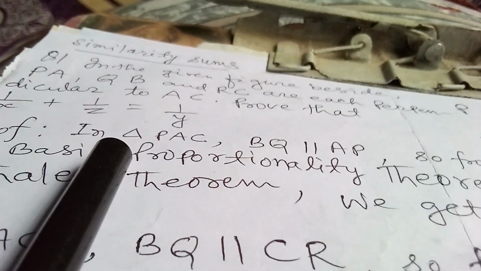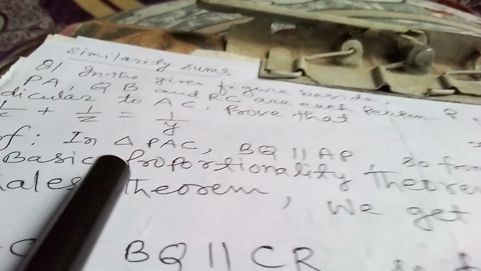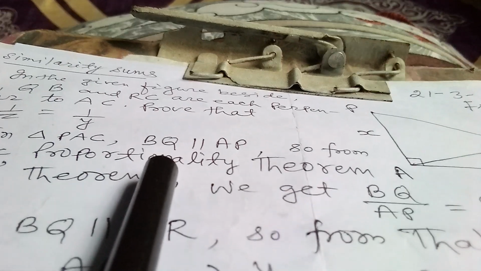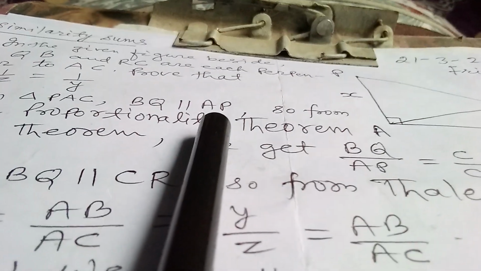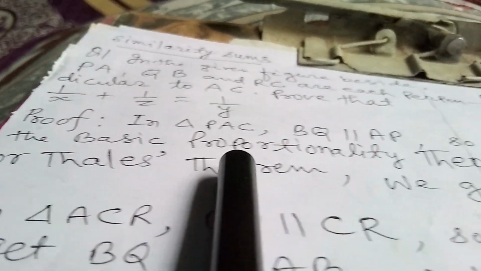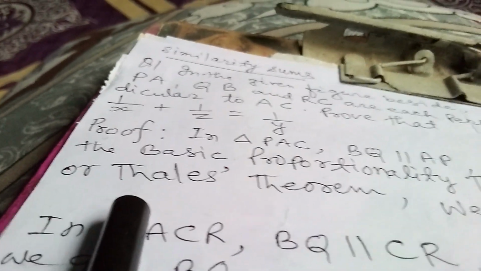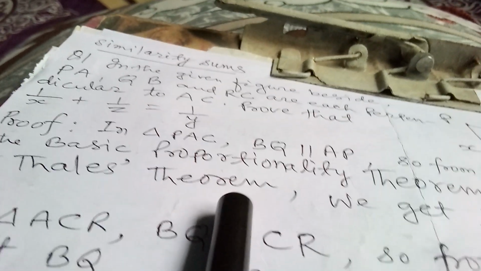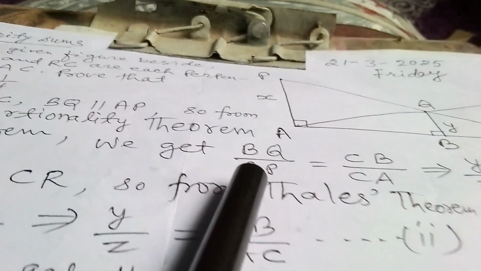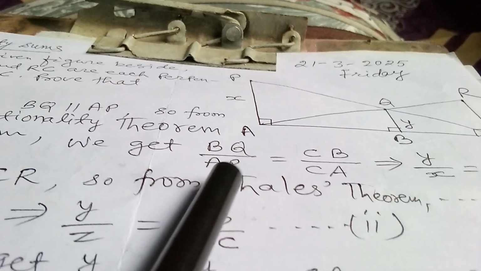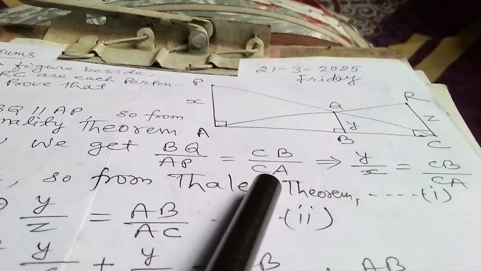So now the proof, solution is, in triangle PAC you find that BQ is parallel to AP. So from the basic proportionality theorem or Thales theorem, we get BQ by AP equals CB by CA.